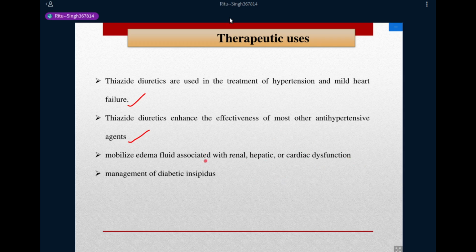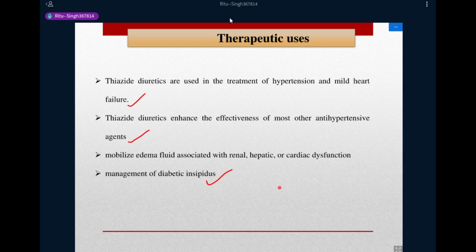Diuretic drugs help to mobilize this edema fluid from the body in the form of urine. Another therapeutic use is in the management of diabetes insipidus. These are the therapeutic uses related to thiazide diuretics.